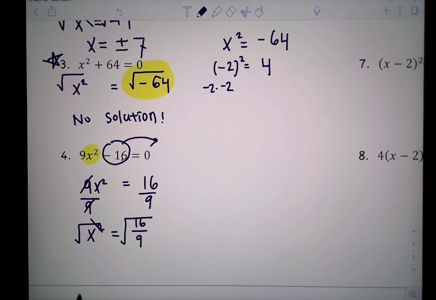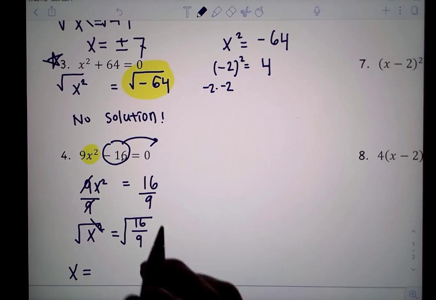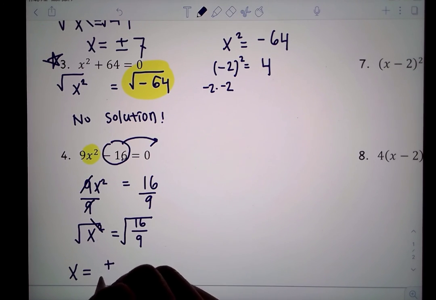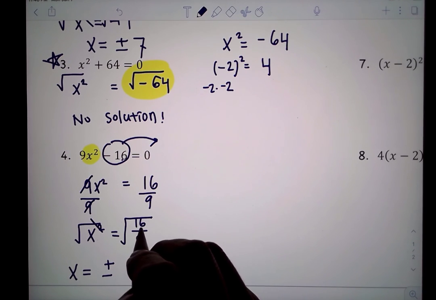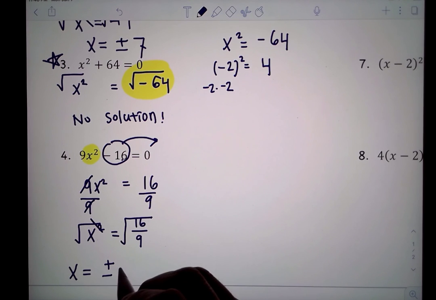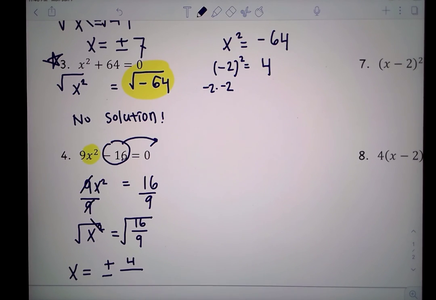Then you cancel this. You have only x here. And I told you to take square roots on each side, then we get positive, negative, right? And do you know what the square root of 16 is? That is 4. Do you know what the square root of 9 is? That is 3, right?